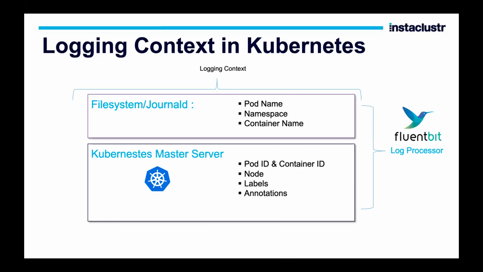There are other log processors like Filebeat, or Beats, or Fluentd, which is from the same project as Fluent Bit, but I'll talk a little bit more about that. So you need a log processor that can correlate all that information, the container and the API, combined together for that specific log and push it into some other tools.